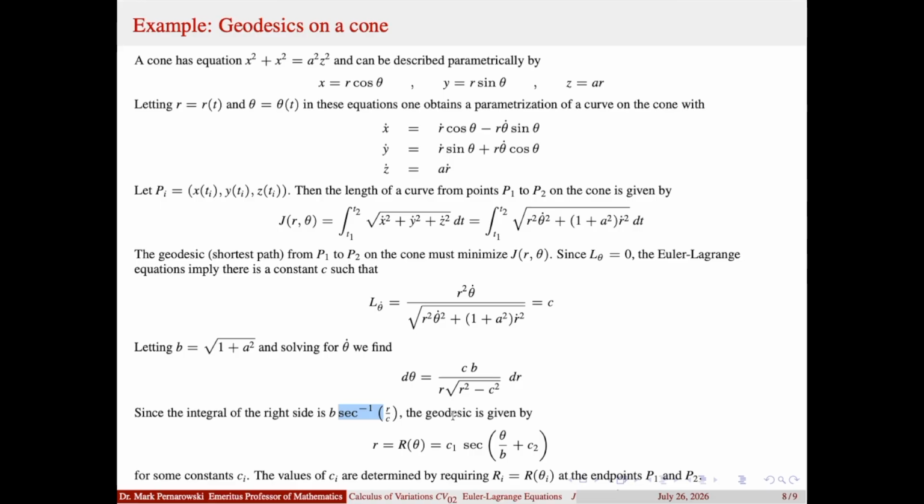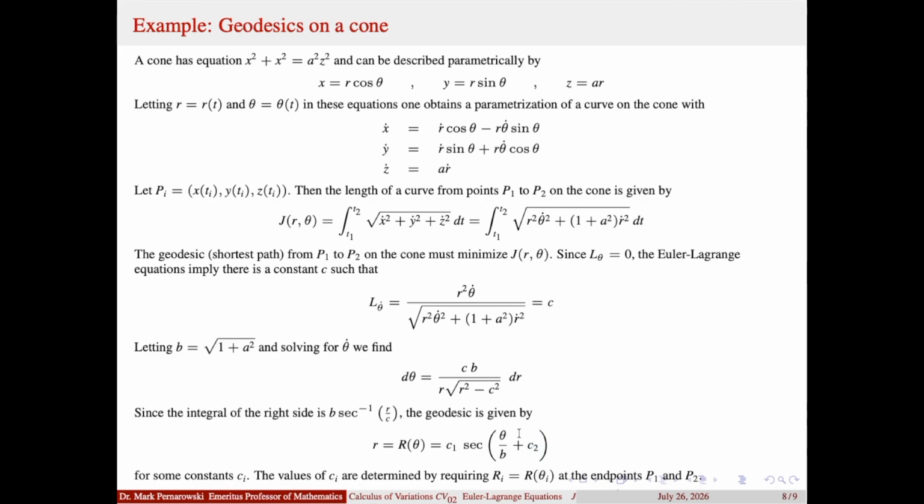So I solve for r in terms of theta by inverting this, and I get on the geodesic, little r is equal to some function of theta, and that function is this, where I've got c1 as a constant and c2 as a constant of integration.